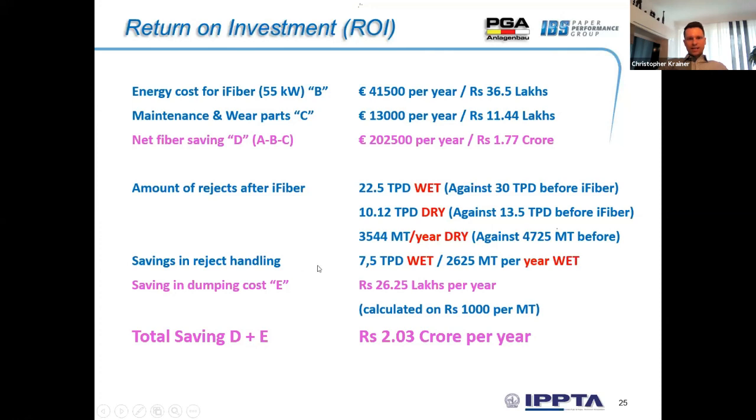Saving in the reject handling, we have per day 7.5 tons per day wet. That means we have a saving of 26.25 lakhs per year, calculated on 1,000 rupee per ton. And total saving with D and E, we have 2.03 crore per year of savings in this case.